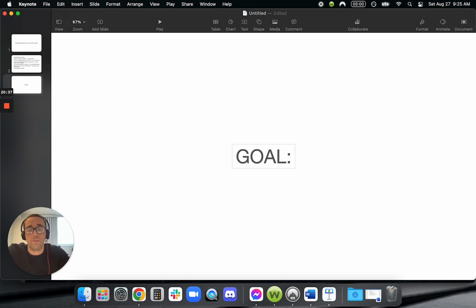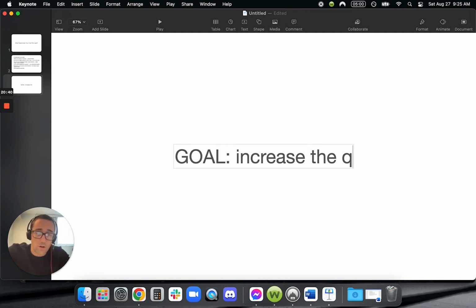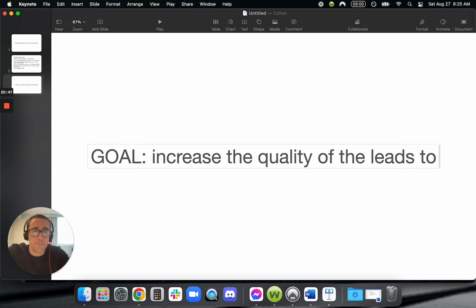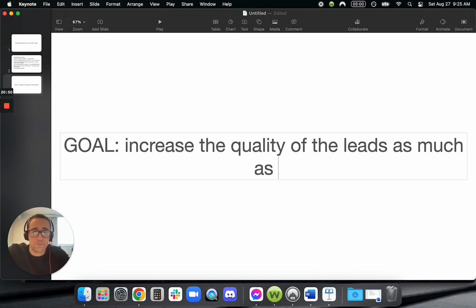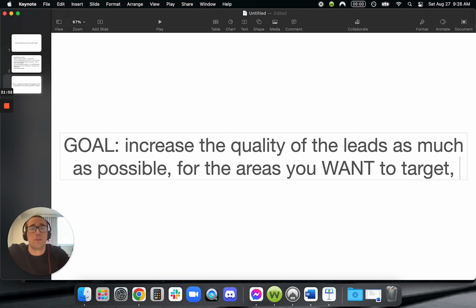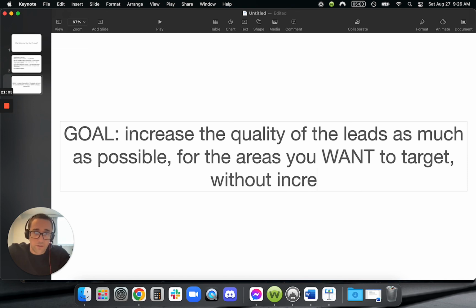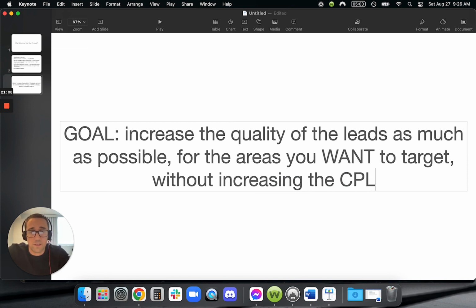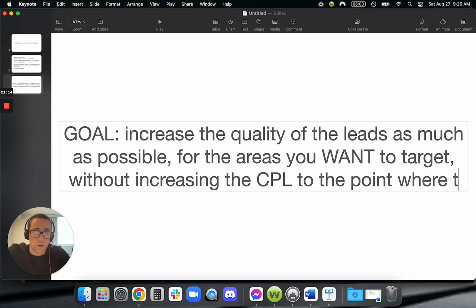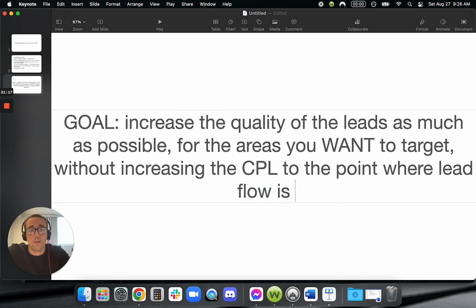Our goal is to increase the quality of the leads, okay, as much as possible for the areas you want to target without increasing the cost per lead, okay, to the point where lead flow is no longer consistent.